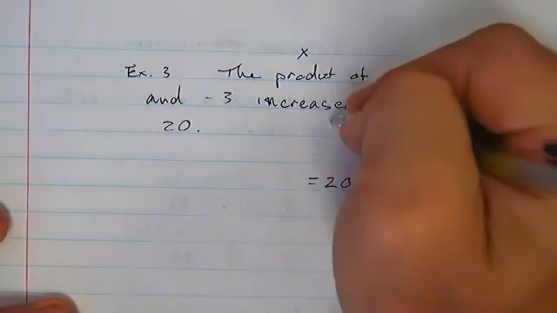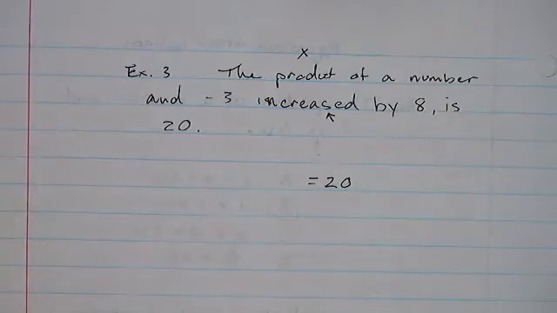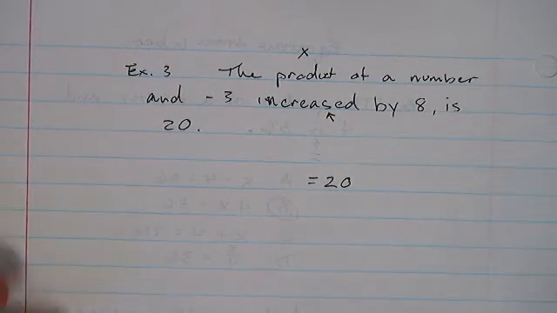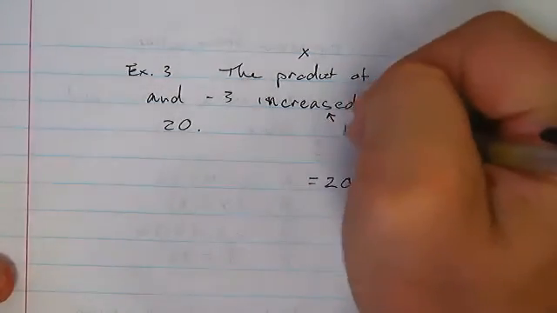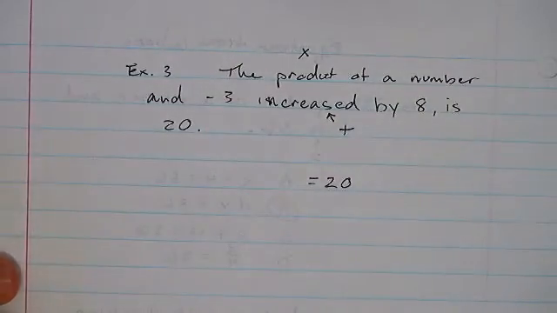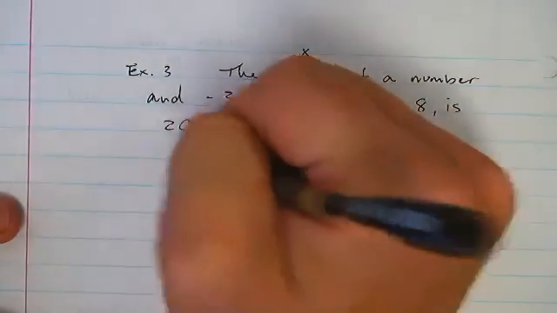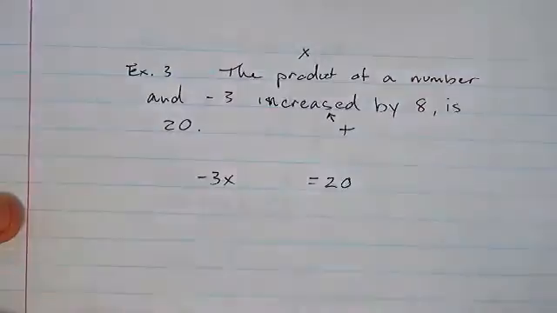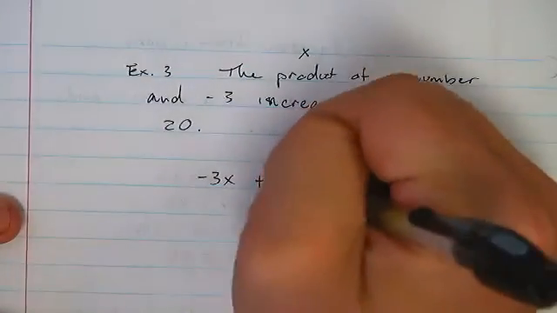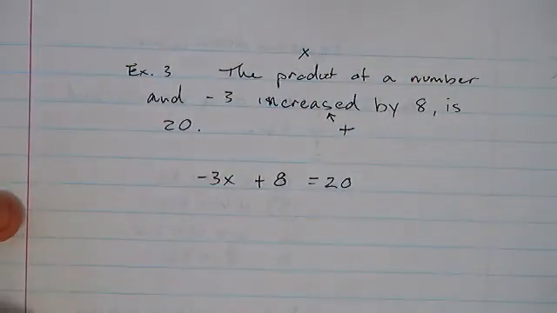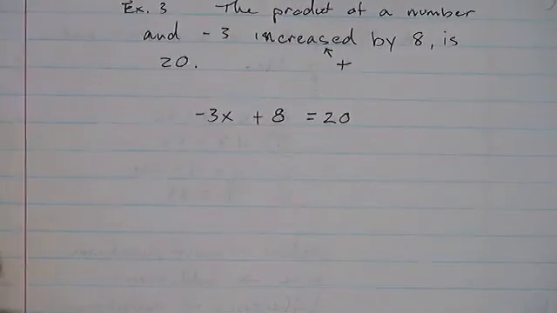So we have to think again about that word, increased. What operation is that going to indicate for us? When you increase something, you're going to add to it. So we're going to have -3 times some random number, and then we're going to add 8 on top of that. Okay, so now you can see how we formed an equation.